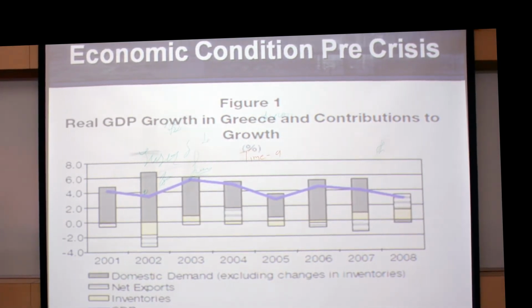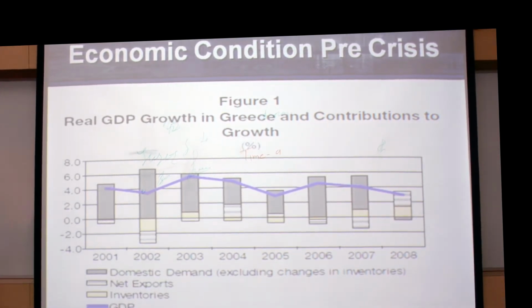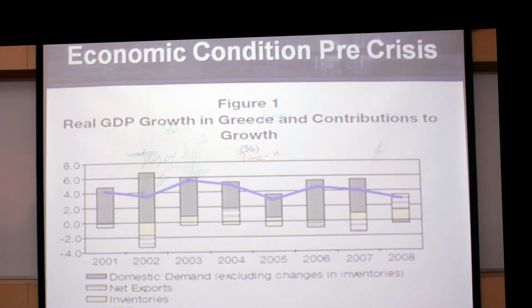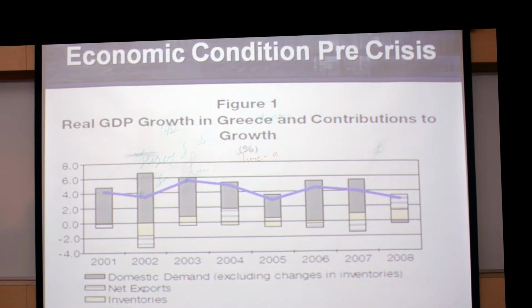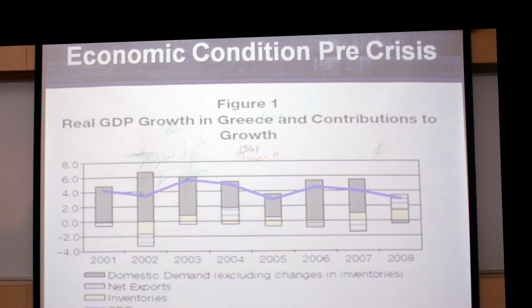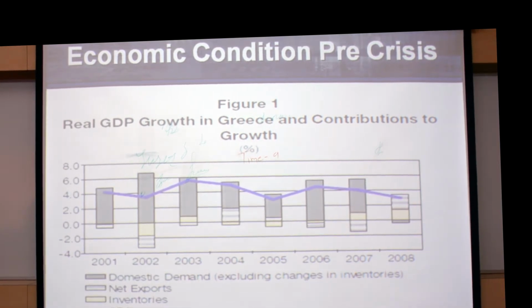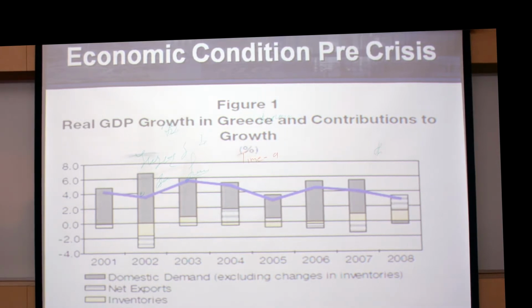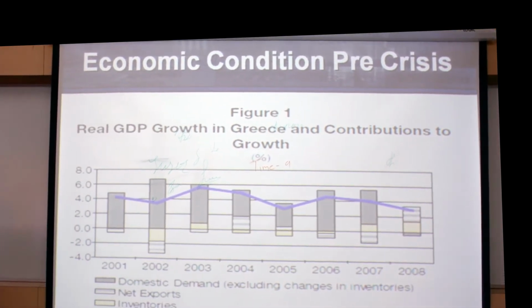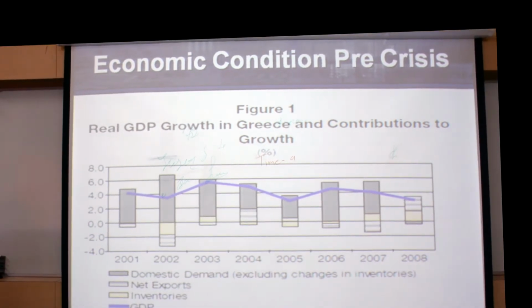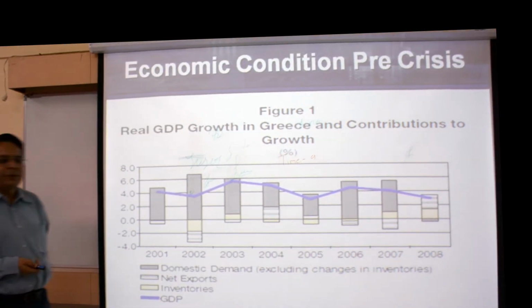this is a diagram which shows the real GDP growth and the different contributions to this growth. Before the crisis year, before 2009, 2008, you can see that domestic demand is a major portion from where GDP is coming. The domestic demand acts as a backbone to the GDP.